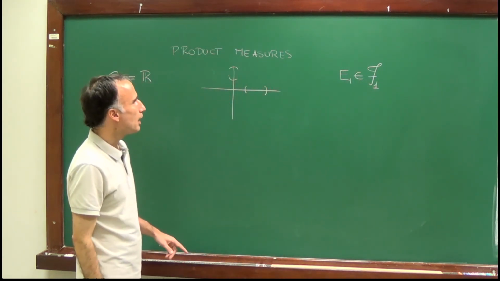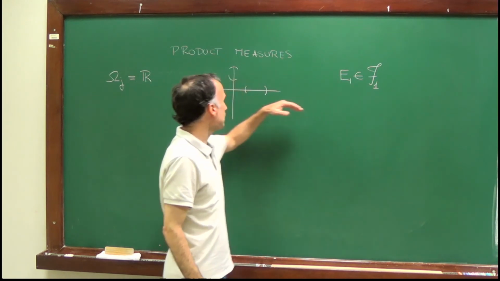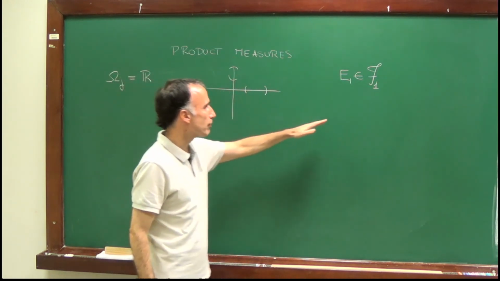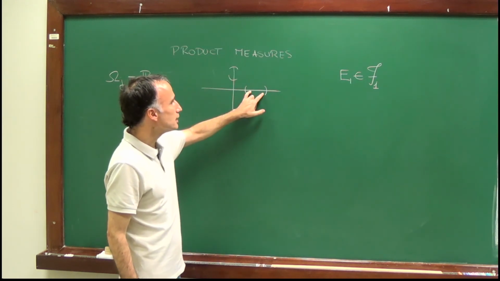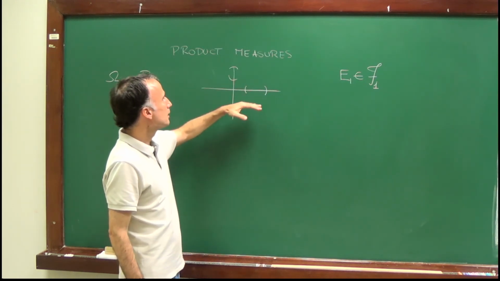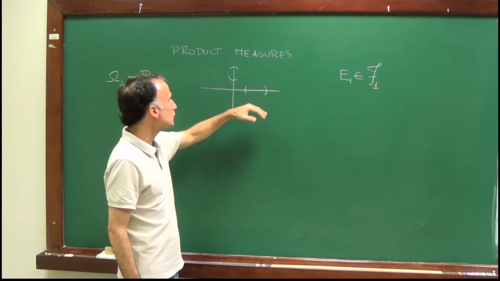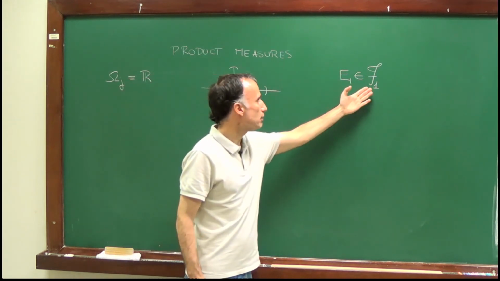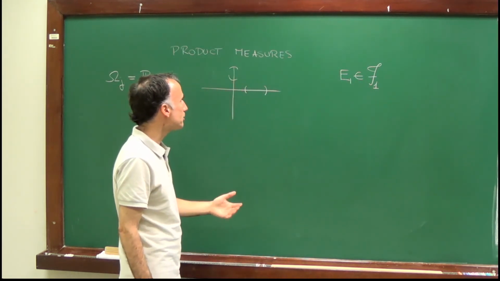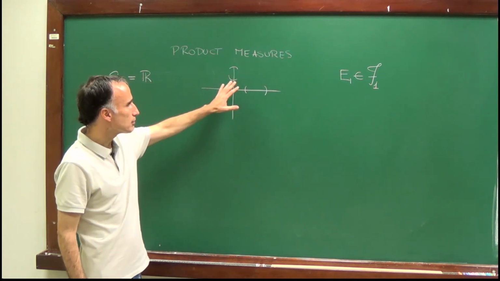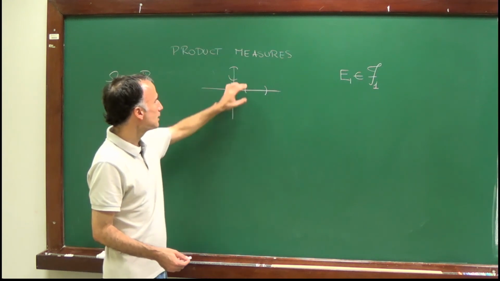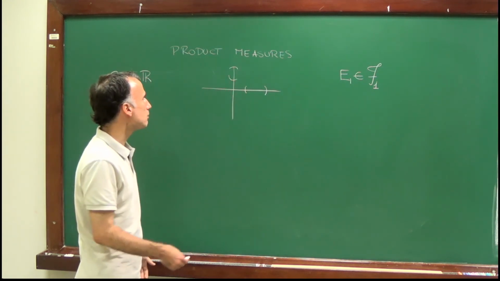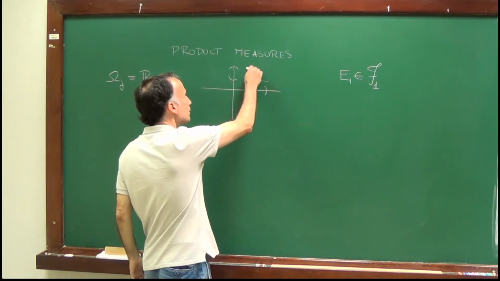So F1 in the case of the line could be the Borel sigma algebra or the Lebesgue sigma algebra, and therefore the set E, which I'm taking here, is not an interval, but would be any Borel measurable set or any Lebesgue measurable set. So the rectangles form a much richer class than what we usually call a rectangle in everyday life.